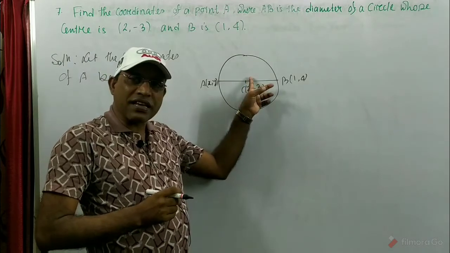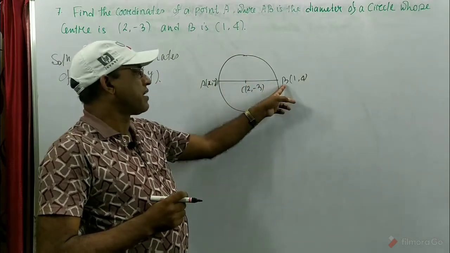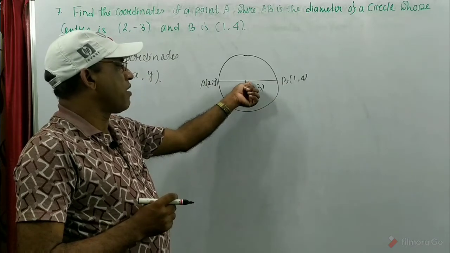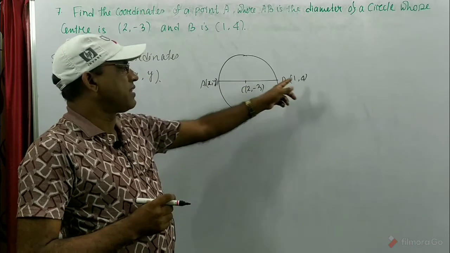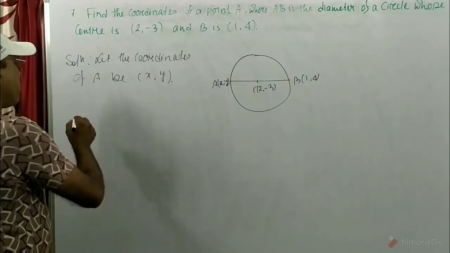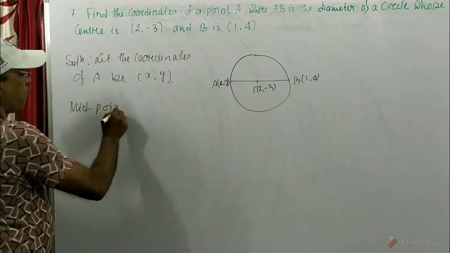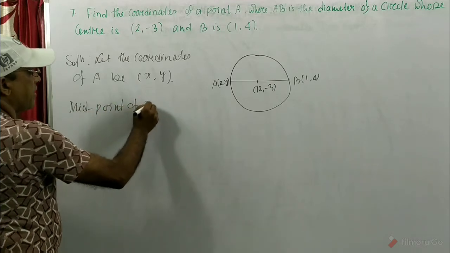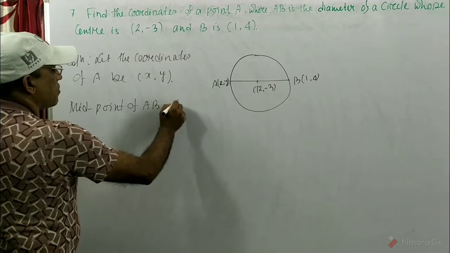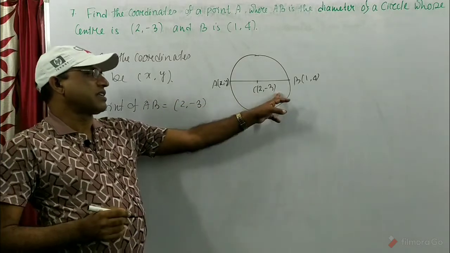We know the center is the midpoint of the diameter. AB is the diameter, so C is the midpoint, because the center is given and this coordinate is given. Now we want to find this coordinate. So the midpoint of AB is equal to (2, -3). This (2, -3) is given.